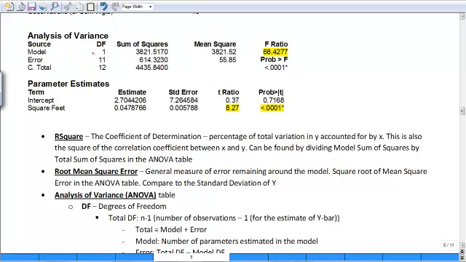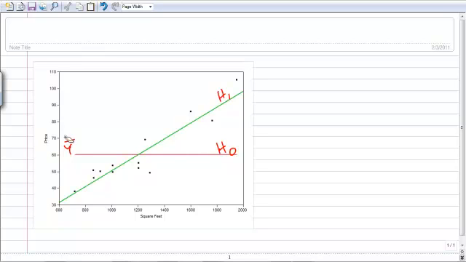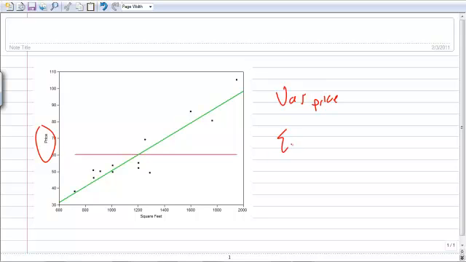What is the total? First off, if we go back to our drawing here, we can measure variance around y bar. In other words, we're taking the simple variance of price. And that is y sub i minus y bar squared over n minus 1. A simple variance.